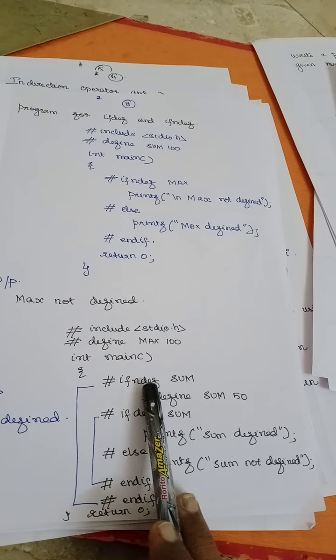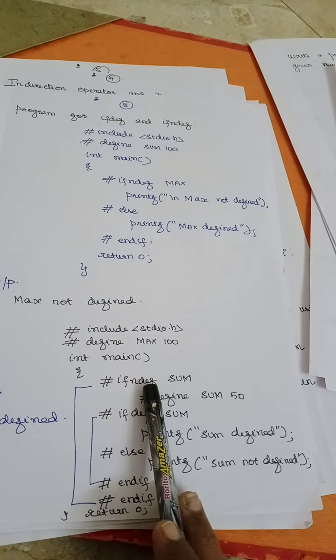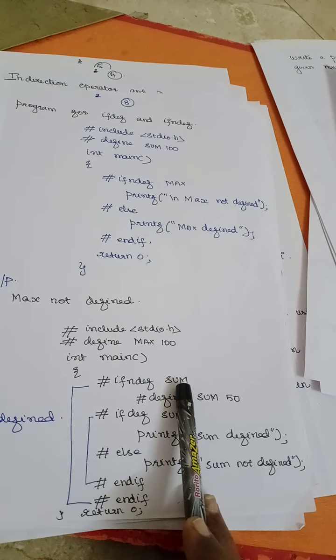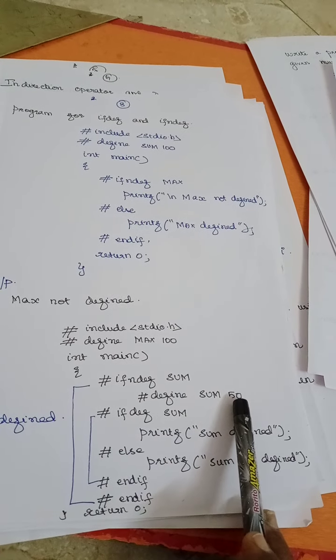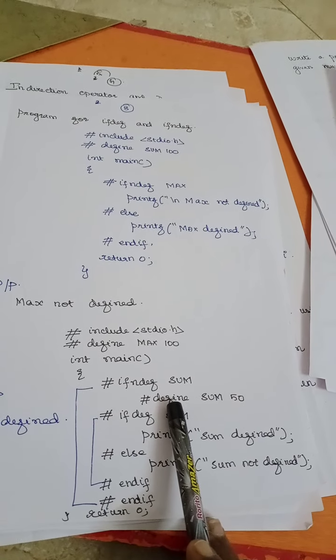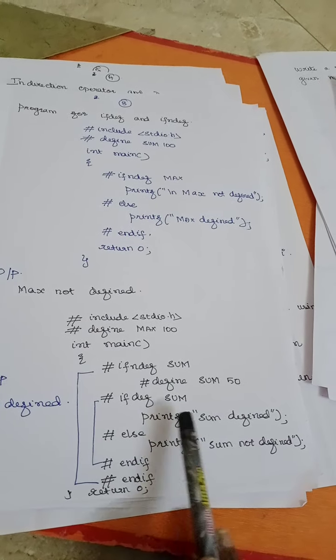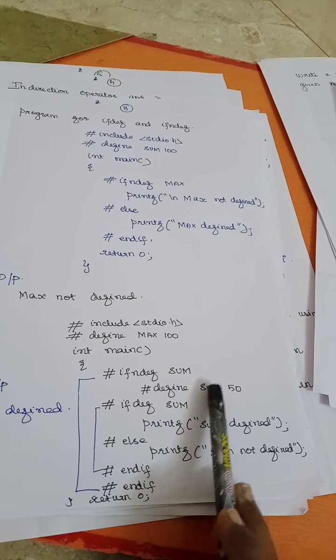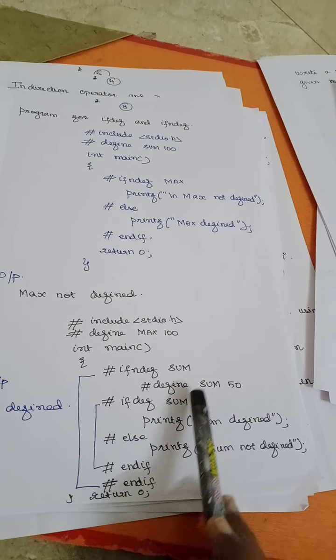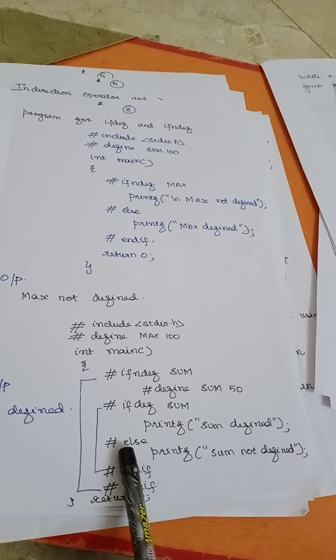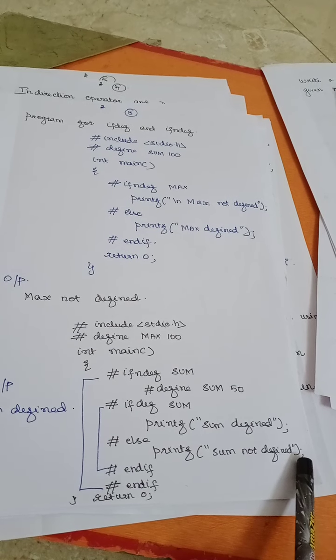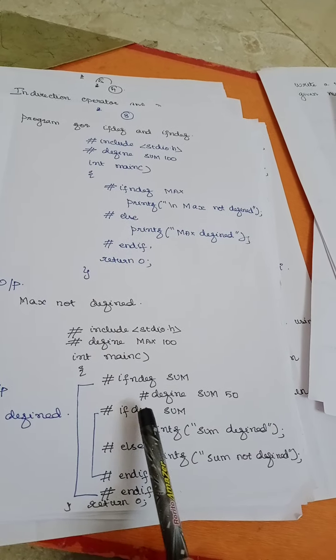So if sum is not defined, then define sum is equal to this. I can define a new macro. If defined, if it has been defined, then printf sum defined. Here I have defined the macro, so from this point it is active. Else, print sum not defined. End if, end if. This is if else.